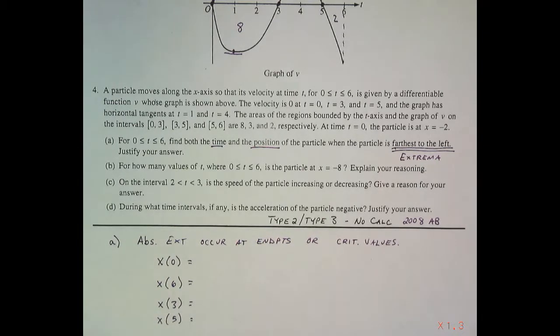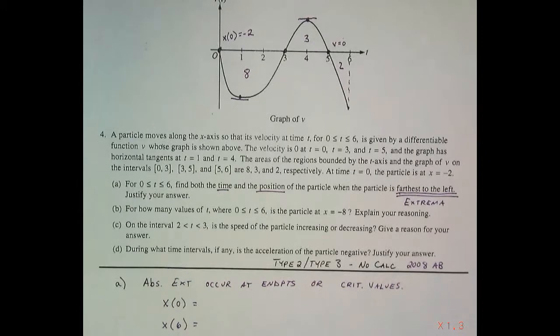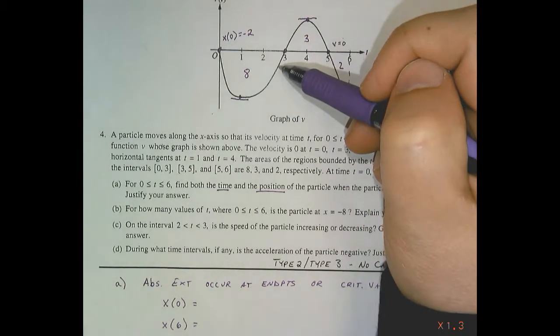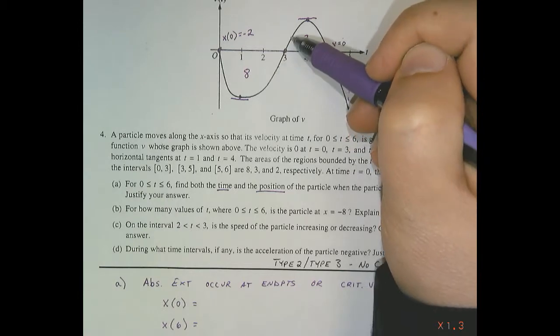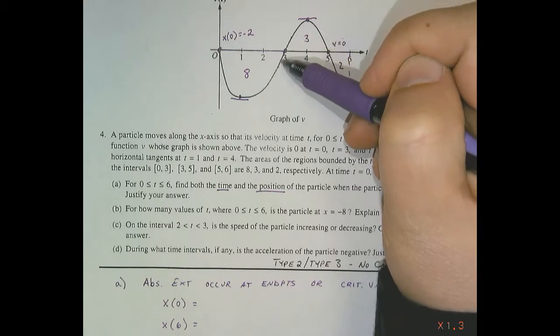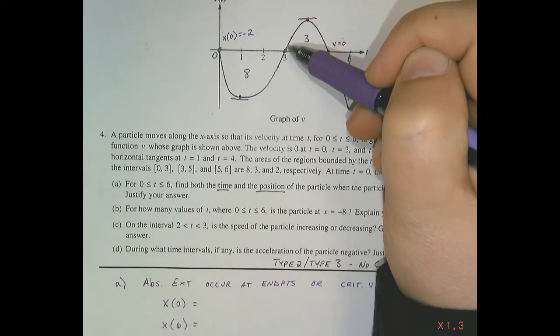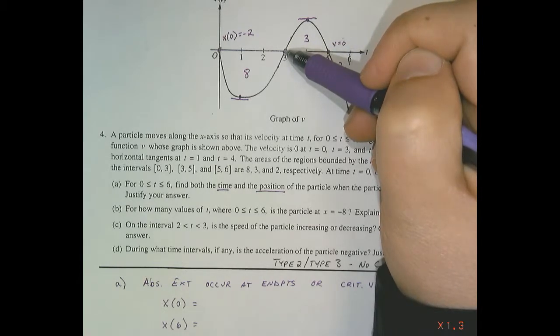Okay. Now, if we analyze this a little bit, this is the derivative of position, and so if we're going negative to positive on the derivative, we know that we are decreasing to increasing. So this has the potential to be a minimum.